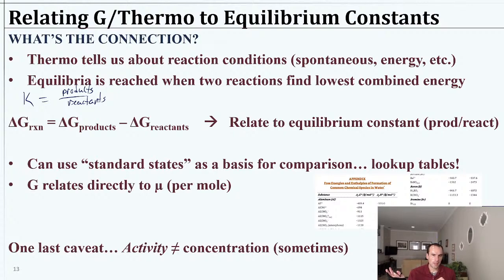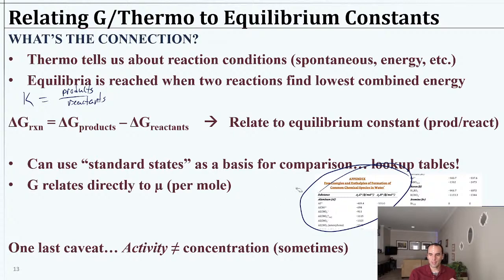And as I mentioned, we're going to use standard states as comparisons. So those delta G naughts and the mu naught. These standard states have been found experimentally, and we can take a lookup table and see so many of them just listed there for us.